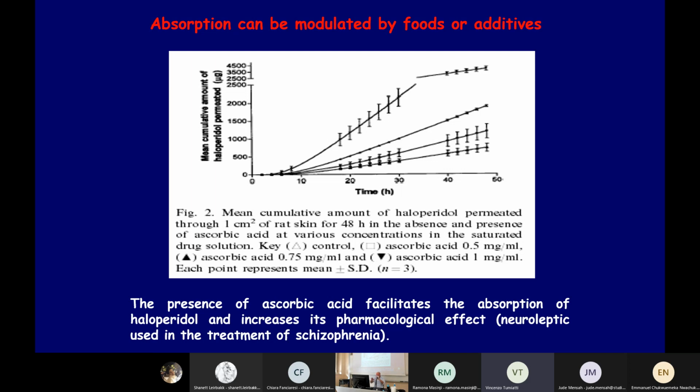So you can understand, we can modulate the absorption of different drugs by using other non-toxic compounds, in this case ascorbic acid.